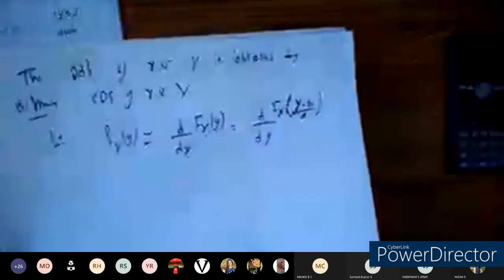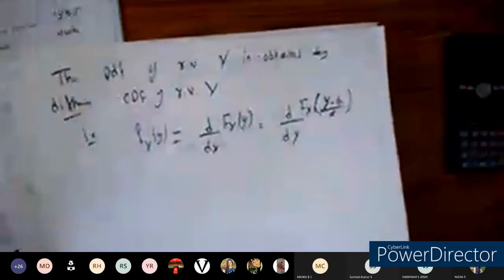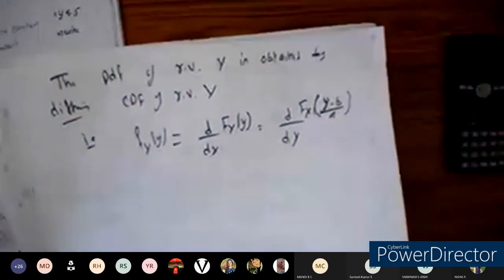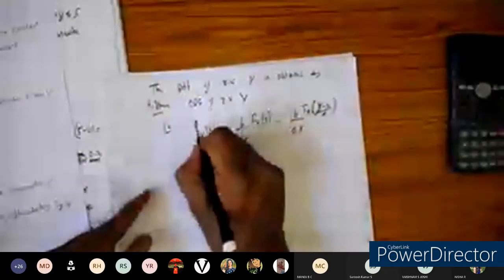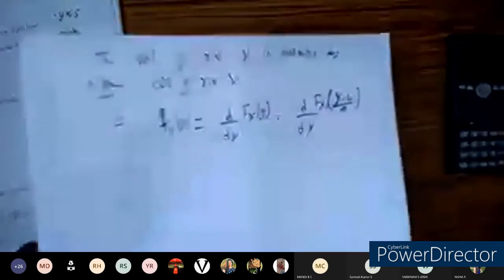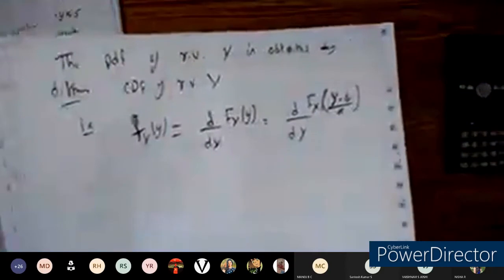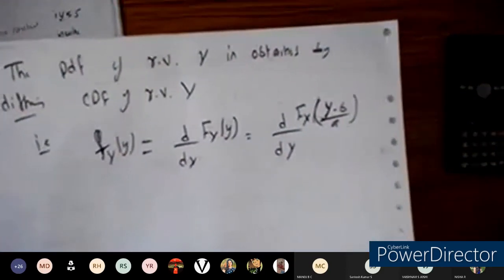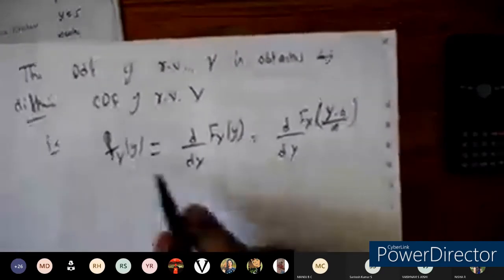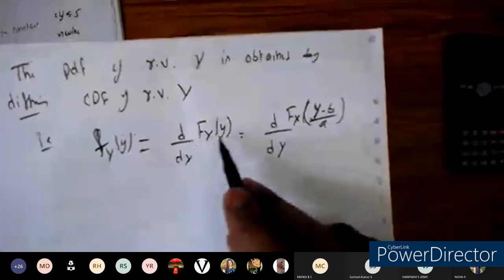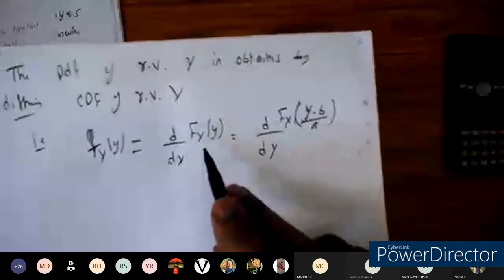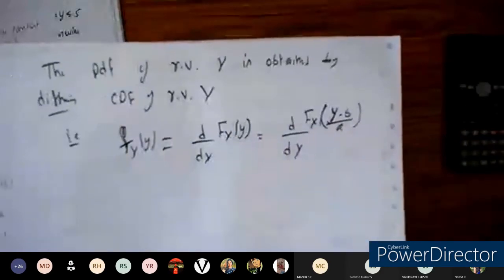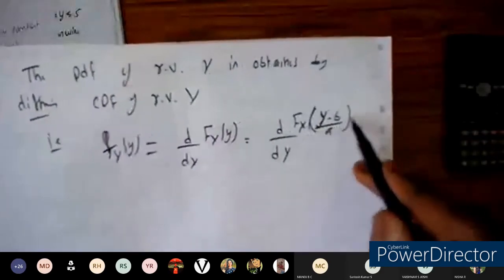So you can see this relation here. So this is f_Y(y). This f_Y(y) is obtained by differentiating the CDF F_Y(y), which is F_X((y minus b) by a).